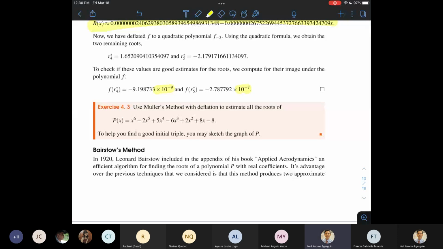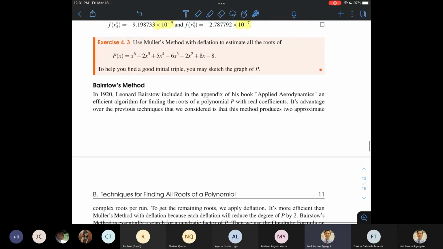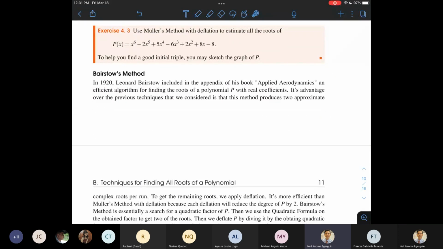Anyway, I don't want to guess na. Nakalimutan ko na yung roots nito. Anim yung distinct roots nito. Dalawang real, tapos apat na complex, all right? Tapos syempre, essentially dalawa lang yung kailangang mahanap na complex kasi nga they will always come in complex conjugate pairs. All right. So if there are no questions with the deflation process, now let's talk about Bairstow's method.